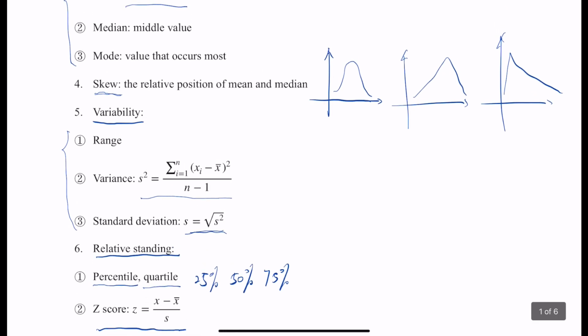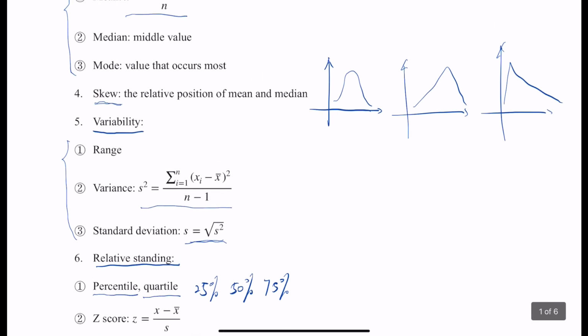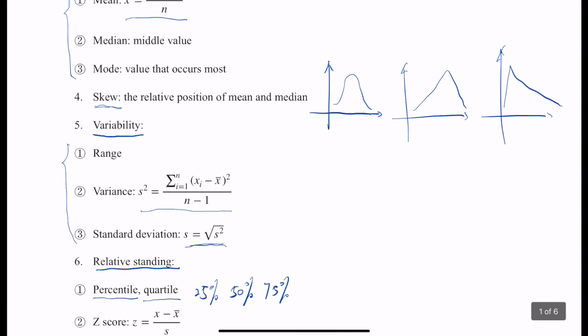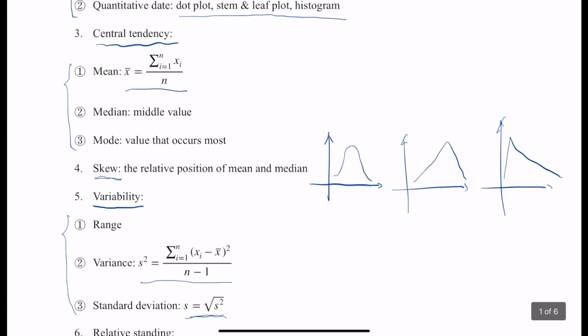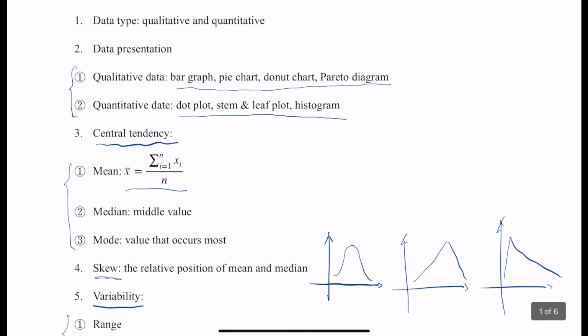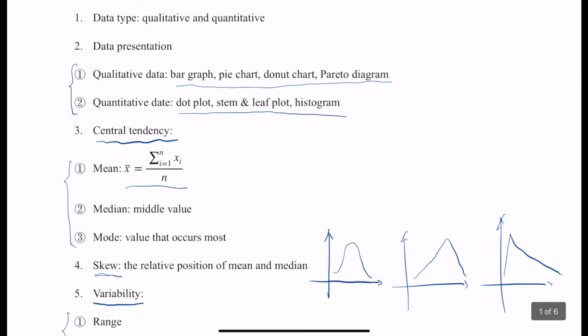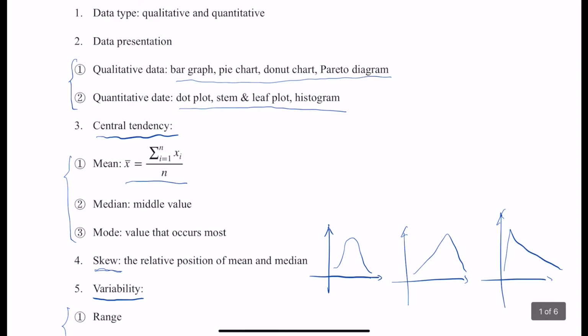That's all we need to know about the chapters before probability and distribution. They are just some definitions. It's about very basic stats. Okay, that's all we need to know.